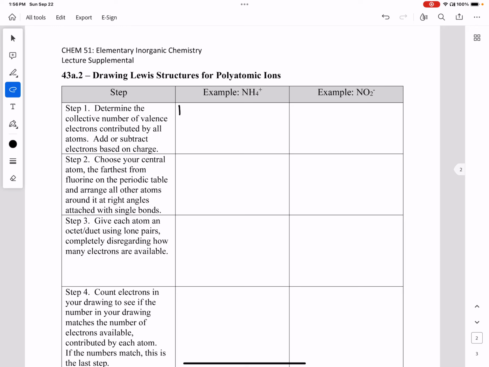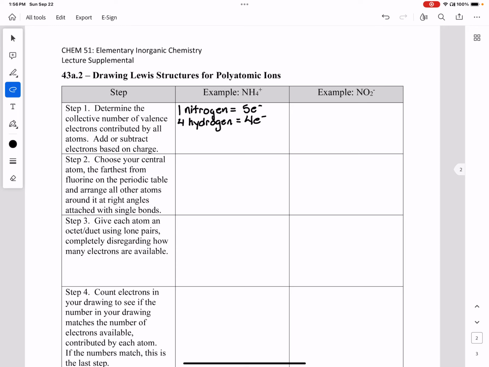So I have 1 nitrogen, and that equals 5 electrons. I have 4 hydrogens, so that's 4 electrons.